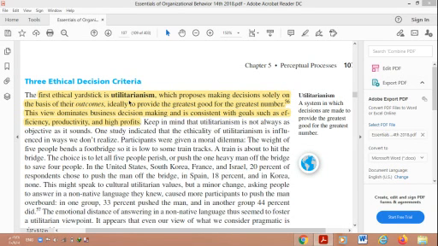The first ethical criterion, utilitarianism, proposes making decisions on the basis of their outcomes or outputs. So what do we mean by utilitarianism? It is to what extent we can best utilize the decision, focusing on the outcomes or outputs of the decision itself.